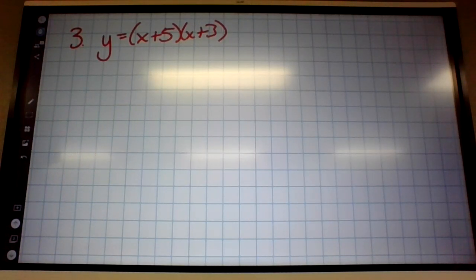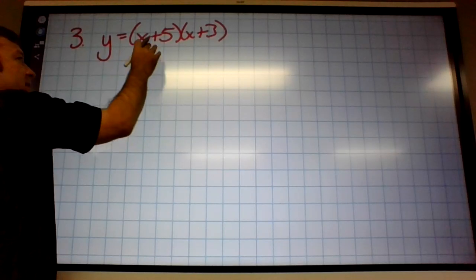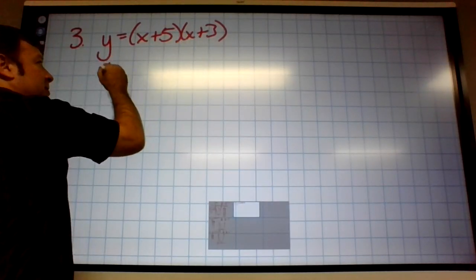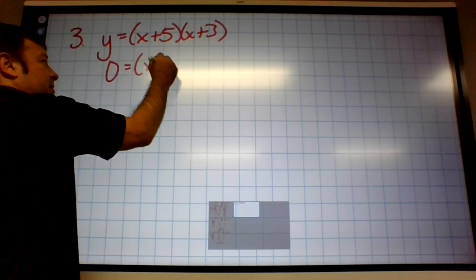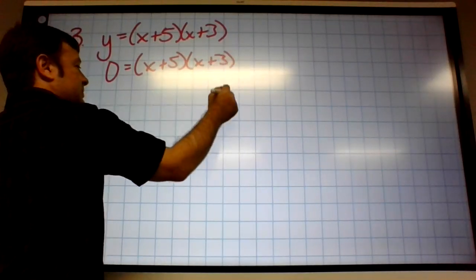Okay. How are we on number 3? Oh, no, I'm going to move down to 2. Shh, girls. Number 3, so if we want to do it like normal, we would need to FOIL this together. This one's actually kind of easy to find the x-intercepts, because if I set y equal to 0, the x-intercepts are at -5 and -3.